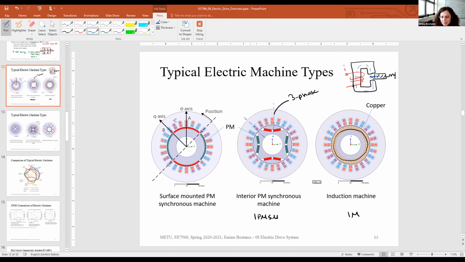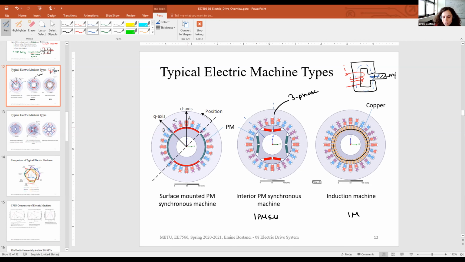So since the system has lower reluctance in this direction, it will try to align itself with the stator field. Even if you remove the magnets in this case, just get rid of the magnets, the rotor will try to align with the rotating magnetic field. So we still expect a rotation.